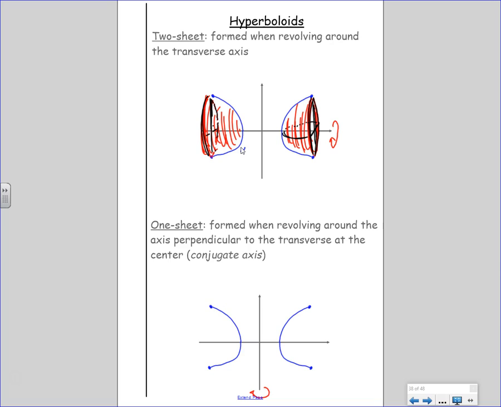Two bowls. What's the name of these ones? Two sheet. Think two sheets of material. That's kind of an awkward way of thinking about it, but two sheets in the sense of they'd be two totally separate solids or figures that would need to be formed from two totally separate pieces of material. Now, how is this two-sheet hyperboloid different than this one-sheet hyperboloid?